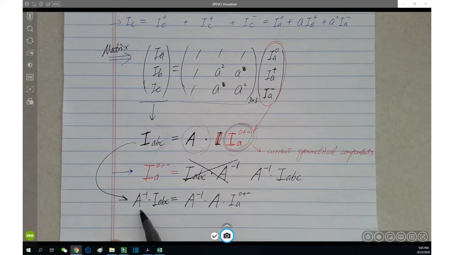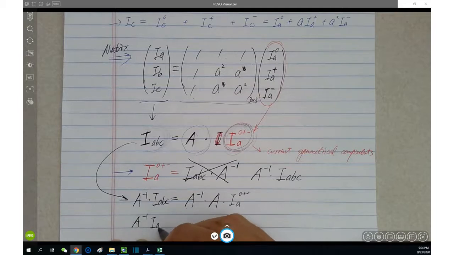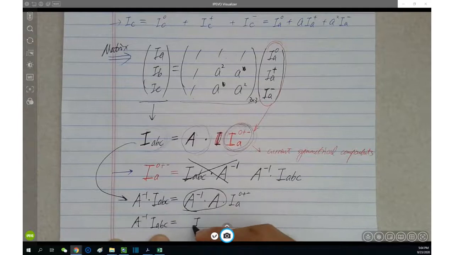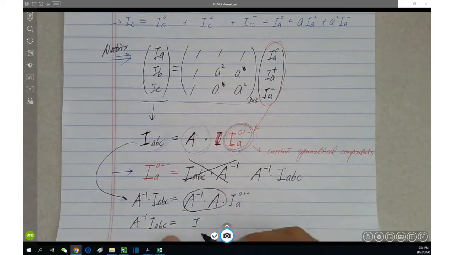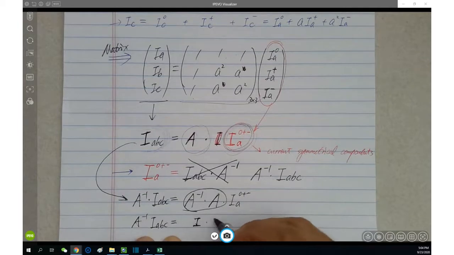On the left-hand side, you do the same thing, left times. Okay, you can't do right times. But because of this, A inverse times A equals what? This is identity, generally represented by capital I.